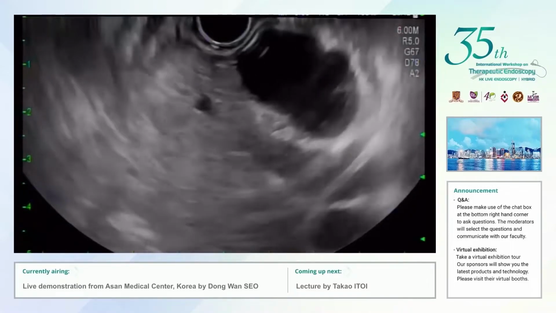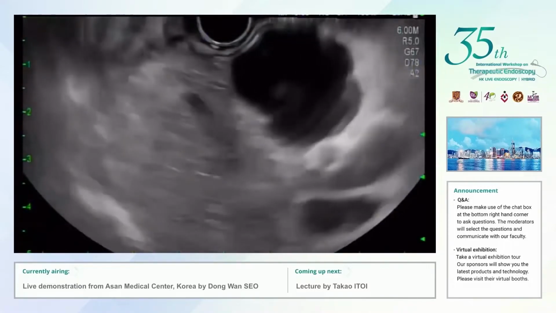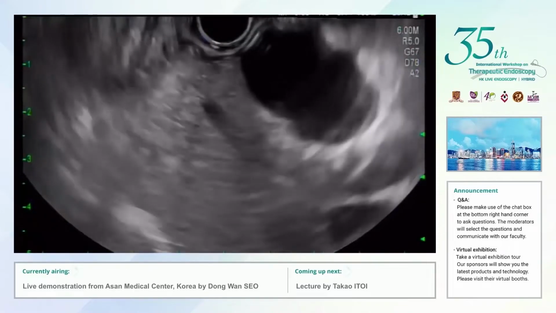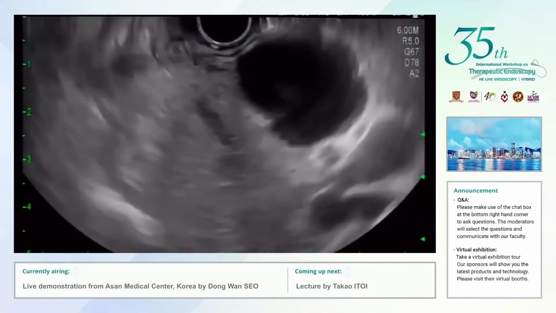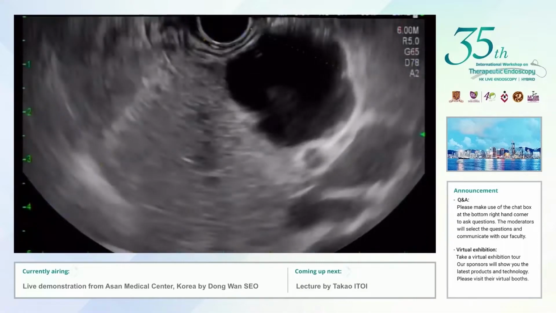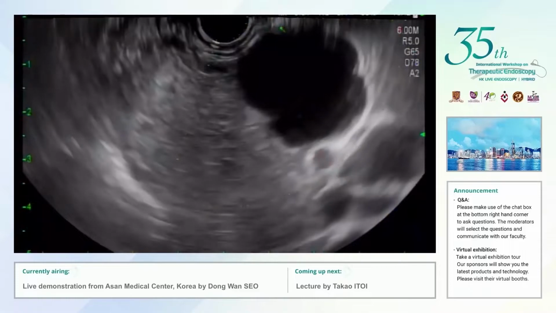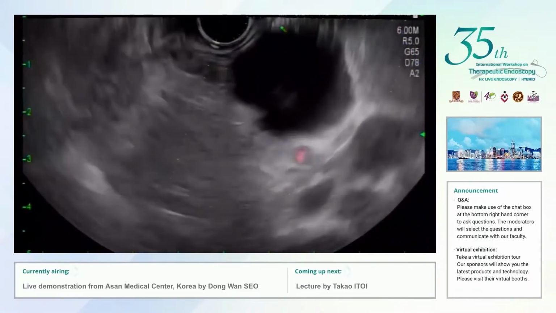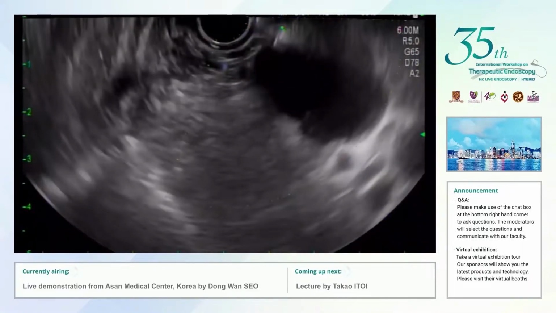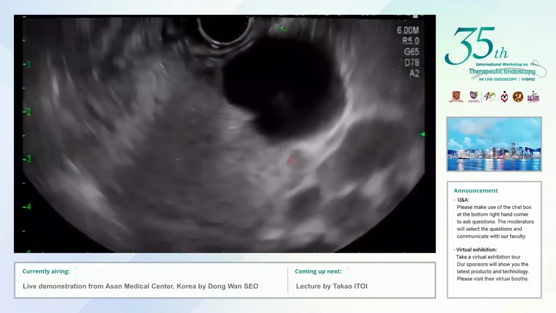Now my needle is located at the tip of the echo endoscope, and here we can see the needle tip here. If I move it, it moves like this.